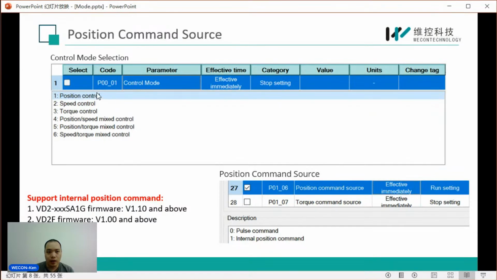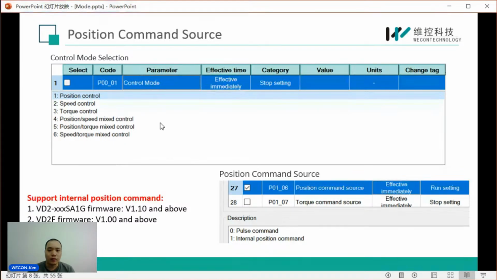You can see there are six modes: position control, speed control, torque control, position and speed mixed, and so on. Mixed control means we can select two control modes among the three control modes above to mix.